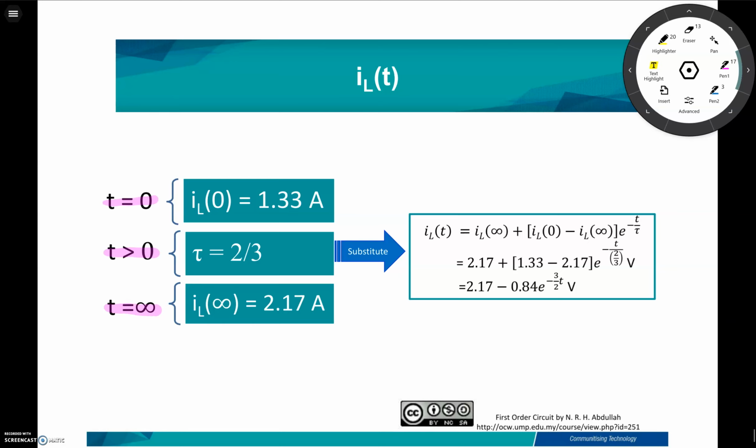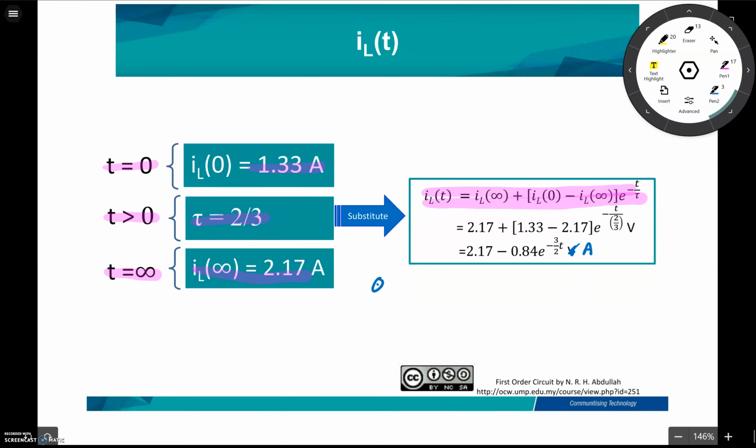Now the IL naught is 1.33, tau is 2 over 3, IL infinity is 2.17 A, and then you substitute these into the step response equation for the RL circuit. So this is the answer, the equation of IL(t), which is 2.17 minus 0.84 e to the power of minus 3 over 2 t A.